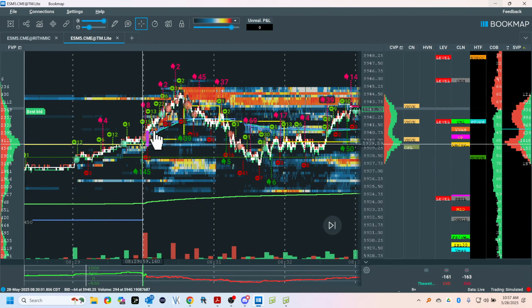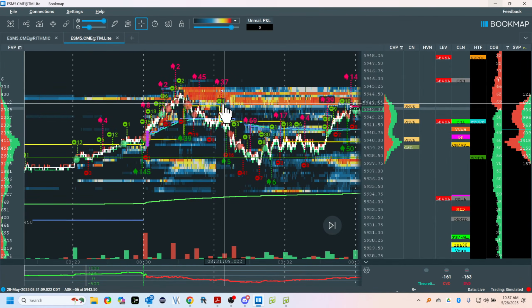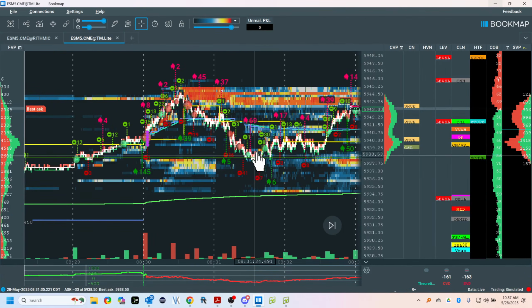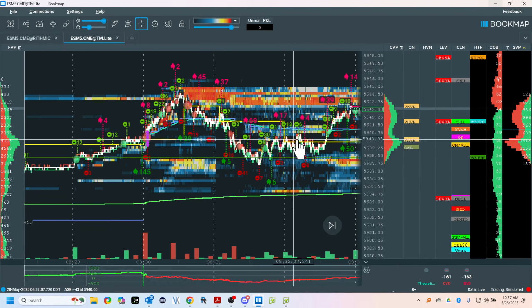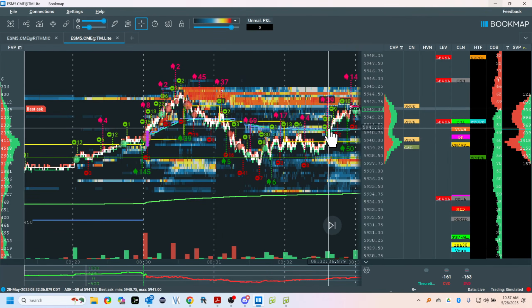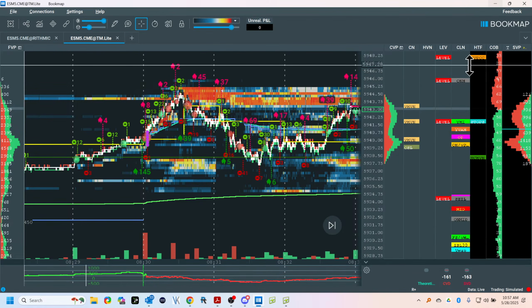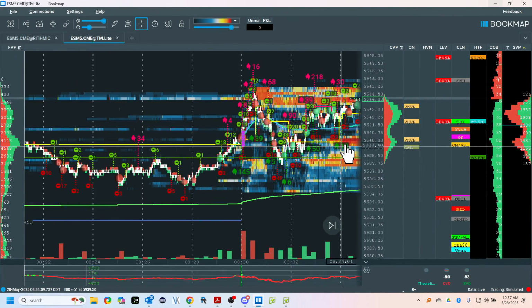If we have buyers, liquidity, break low, too high, break low, too high, break low, too low. This becomes a long. Going for the ETH high, going for this. VPOC migration, language of the market, no indicators.